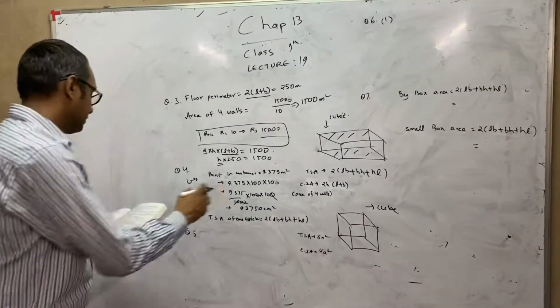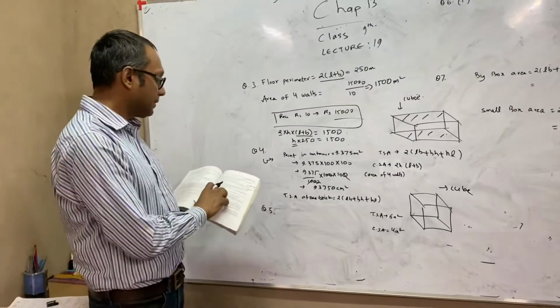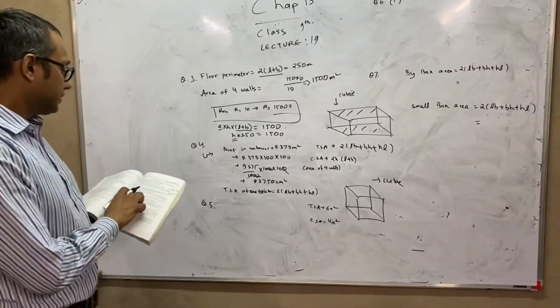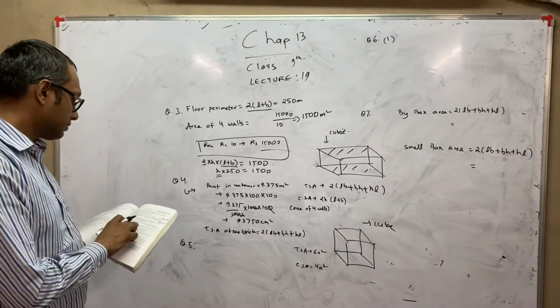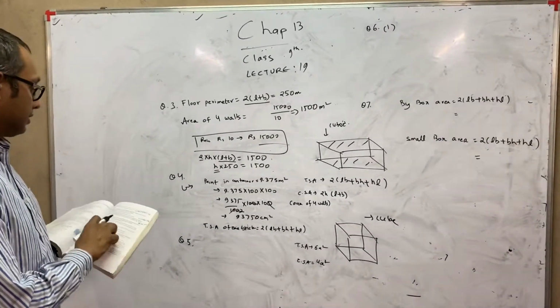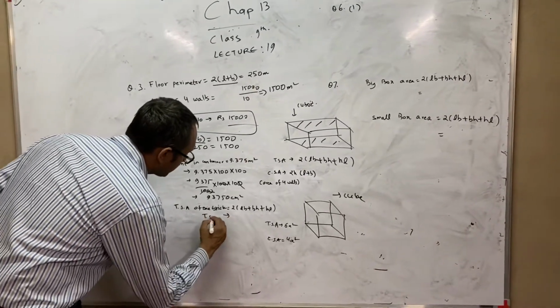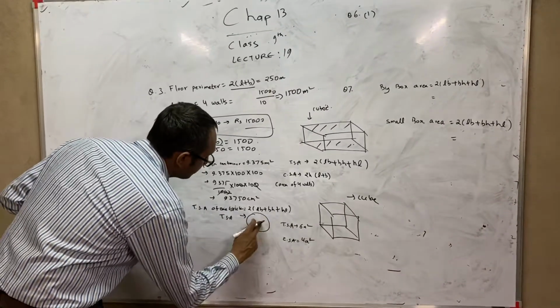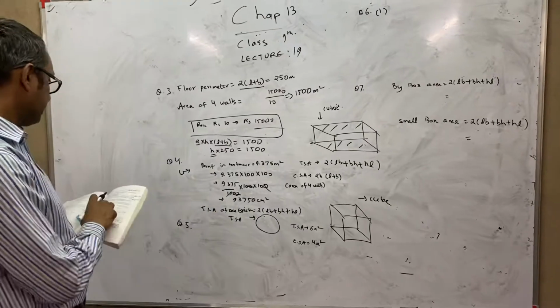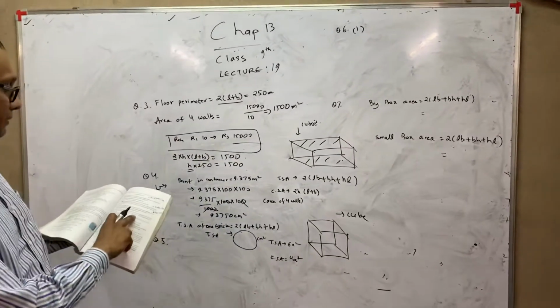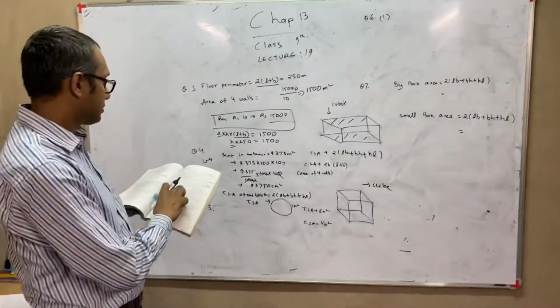And they have given everything. Whenever the dimensions are given like this, generally it is in the form of L, B and H. So length they have given 22.5, breadth they have also given, and height. Using these, find the total surface area of the brick. You will get some value, and that value will be in centimeter square, because everything for the brick they have given us in centimeters.